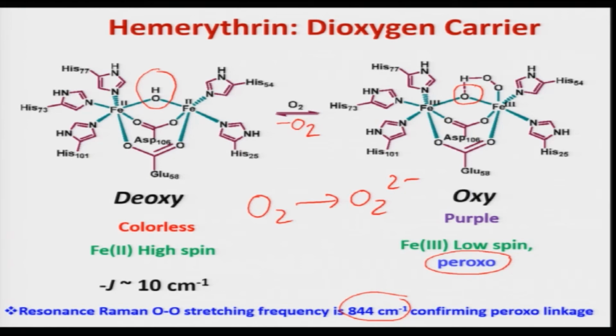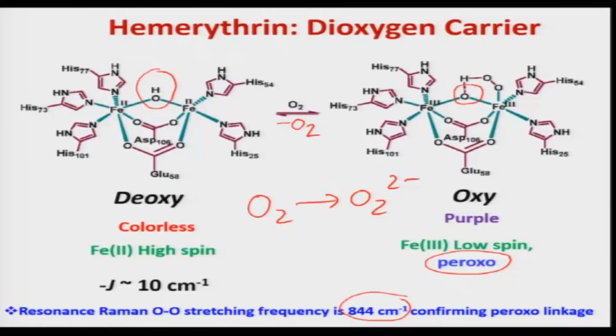The magnetic study indeed confirms that this is mu hydroxo getting converted to oxo, because if it is mu hydroxo, then the coupling between two iron centers would be less. This indeed happens.